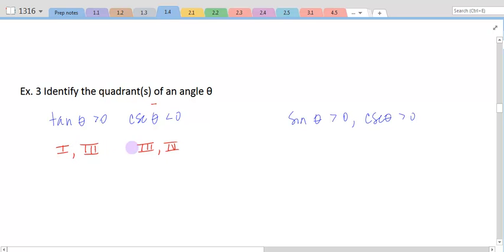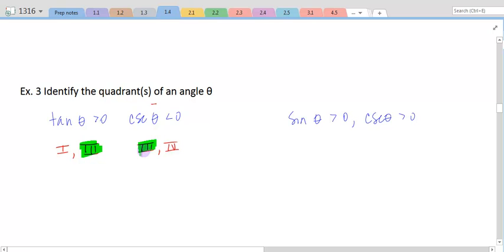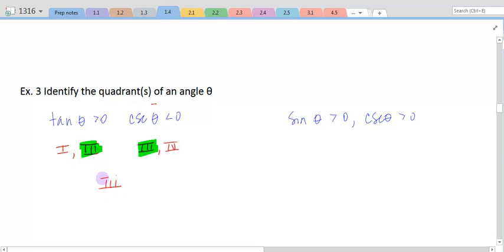So if I have these 2 criteria, notice that quadrant 3 shows up for both of them, so they overlap, and my angle theta would be falling in quadrant 3 if tangent were positive and cosecant were negative. That's what we're being asked.